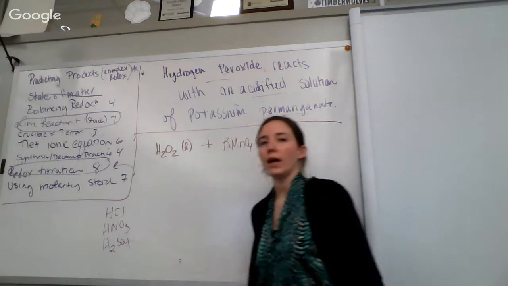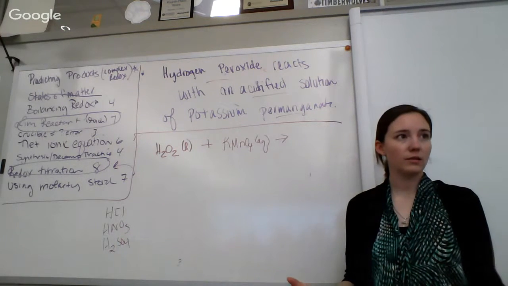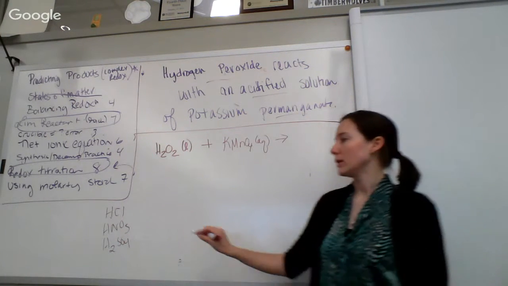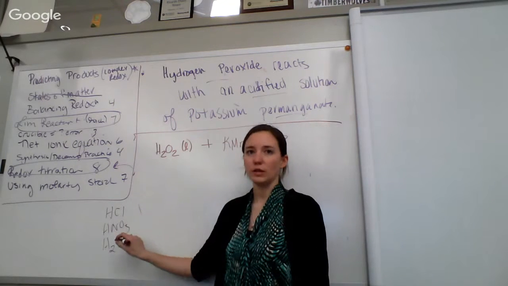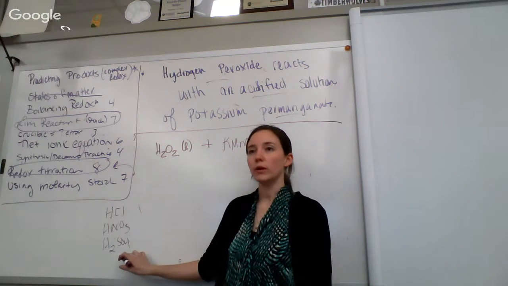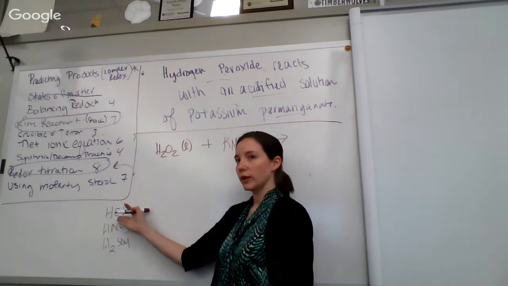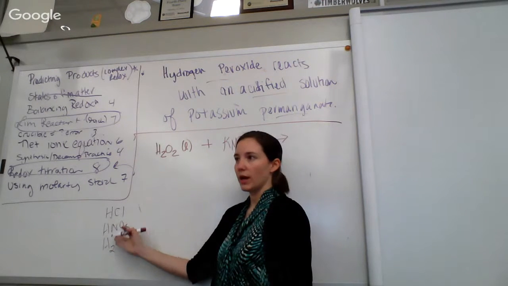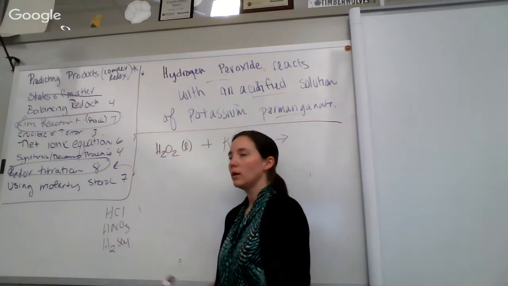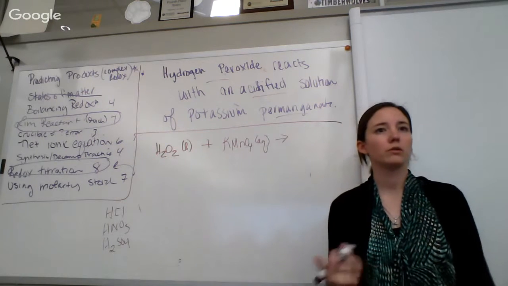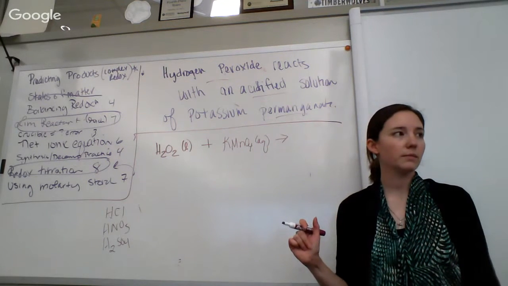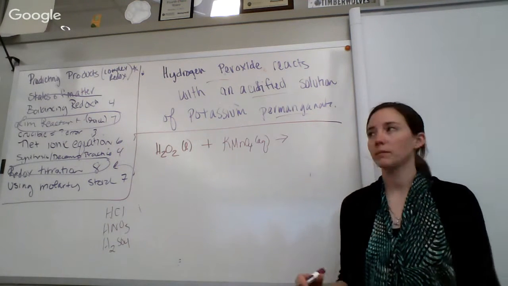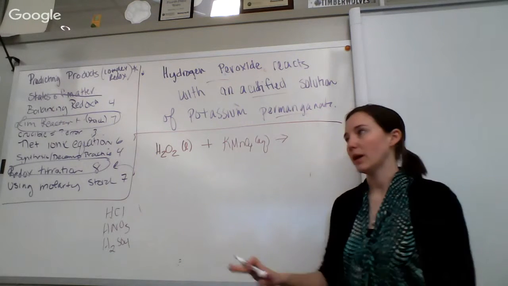If you don't know specifically how to name an acid, if you're still in that ballpark, I'd at least memorize HCl, HNO3, and H2SO4 as being hydrochloric acid, nitric acid, and sulfuric acid. Would recommend that you know those three. Those are the most likely to come up on the test if you don't know how to name an acid. Obviously, knowing how to name an acid would be preferable.